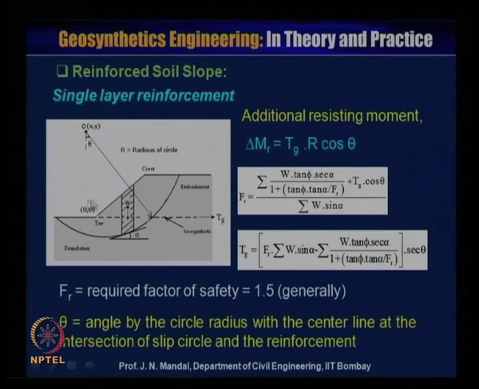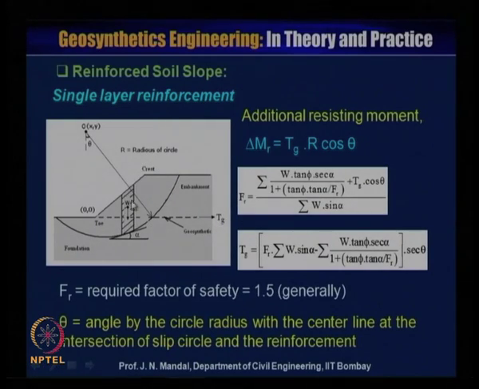This is the toe 0, 0, and this is the crest, and R is the radius of the circle, and this is the failure surface. Here we introduce one layer of reinforcement whose tensile strength is Tg.